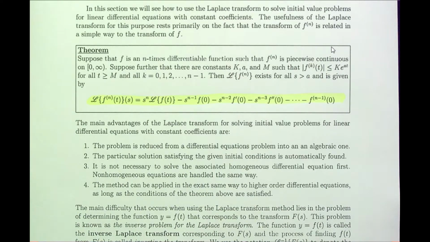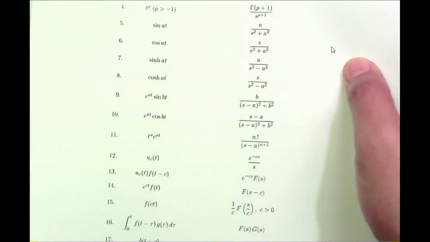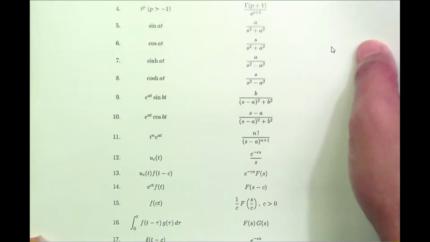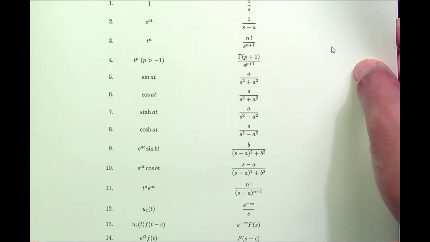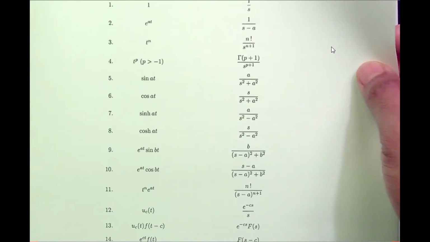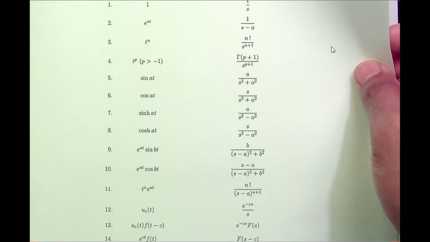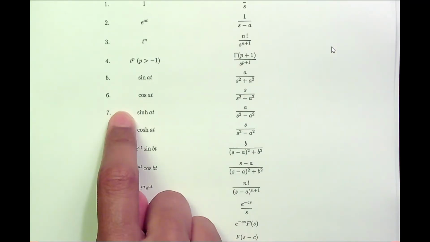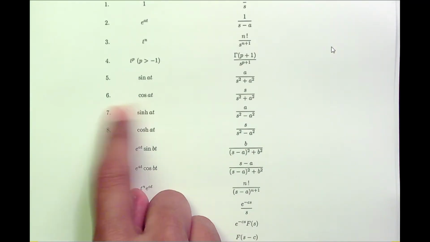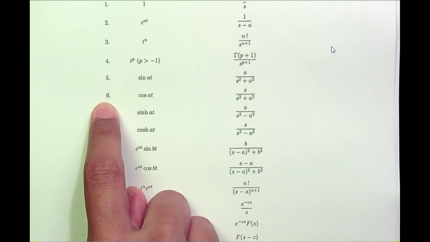Anyway, you really need to either copy this or print it, because I'm going to be referring to this all the time. So whenever I say, okay, let's look up the Laplace transform of the cosine, I'm going to look it up here and say by formula number 6.